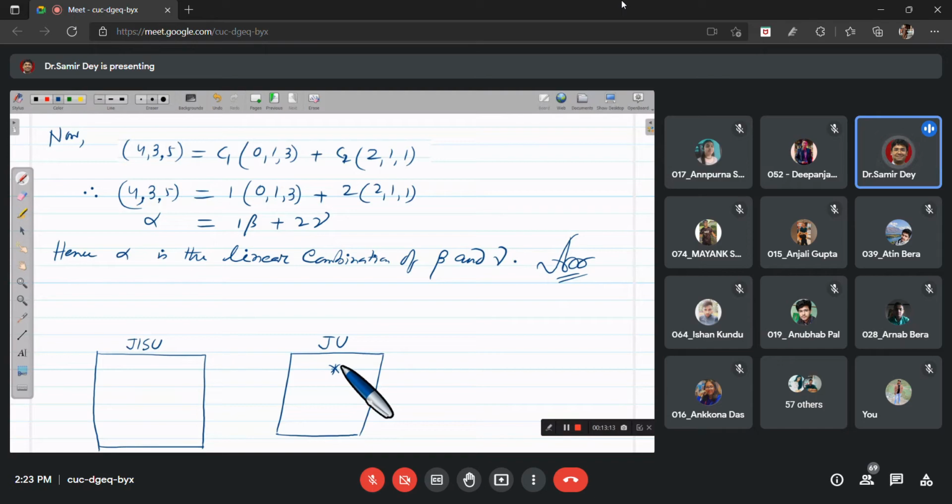For example, listen carefully, a very interesting point, then you can understand the logic of linear combination. Suppose one coding competition will be held next month, and they have communicated to our university so that we can convey the message to our students.